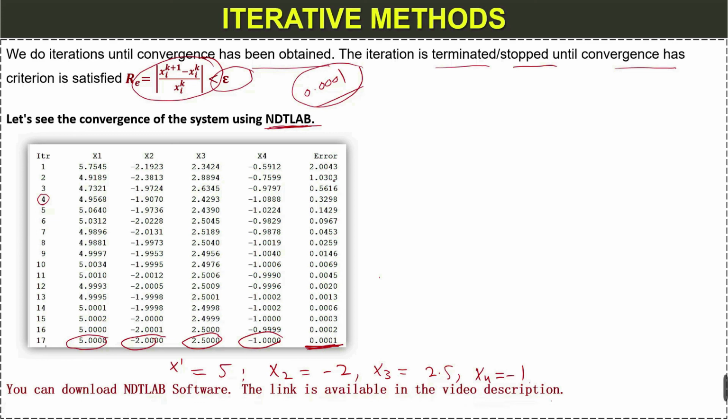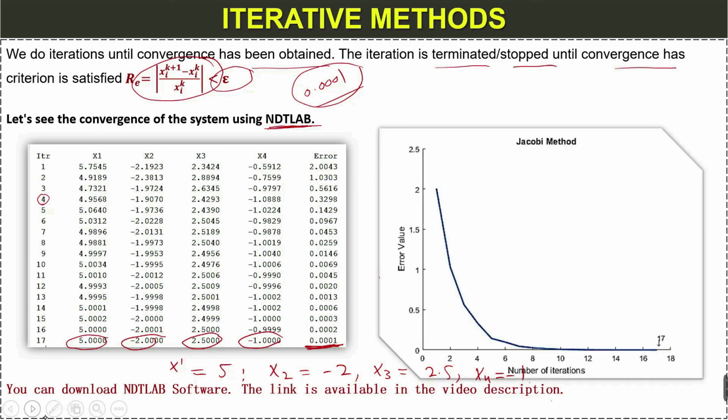Now we can plot the error. This one is the graph, or the plot, of the error. We can see that the error is decaying as the number of iterations increases. On the x-axis we have the number of iterations and on the y-axis the error value.